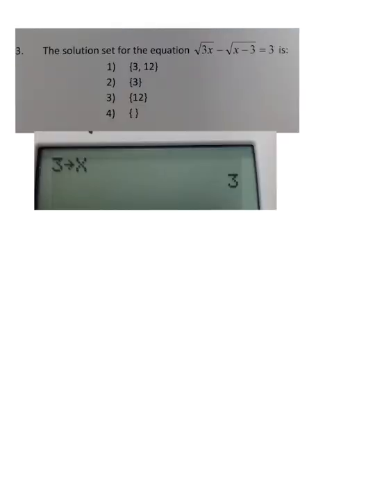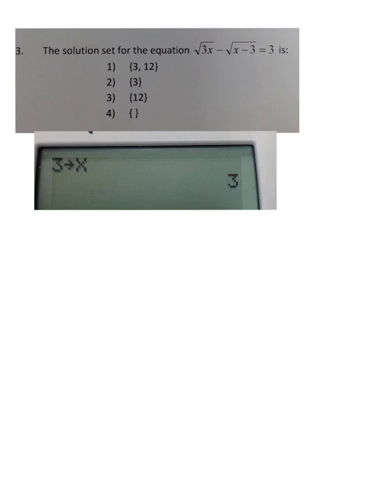So this is a multiple choice question, so I think the easiest thing to do is just plug in your answer choices. So what I started by doing was I looked at choice 1 and I saw that the first answer choice was a 3. So if you look at my calculator down here, I just stored in my calculator 3 stores x and then I hit enter. So now all I'm going to do is type in this left side of the equation into my calculator and see if I end up getting 3.